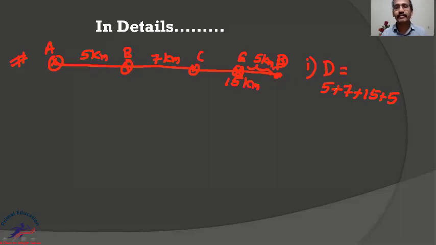Totally how much? 5 plus 5, 10, 10 plus 15, 25, 25 plus 7, 32. So 32 kilometers is the distance traveled by the object.